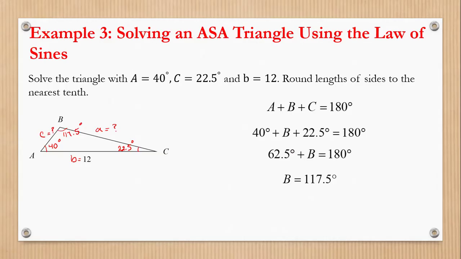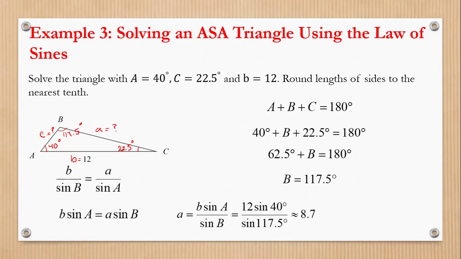This time, side B is given to me, which means B over sine B is my fixed fraction that I'm going to use every time I'm using the law of sine. So I will have B over sine B, and if I want to find A, I will set it equal to A over sine A. To find side C, I will set it equal to C over sine C. So if I set it equal to A over sine A, isolate the A, replace numbers, I get side A must be equal to 8.7.